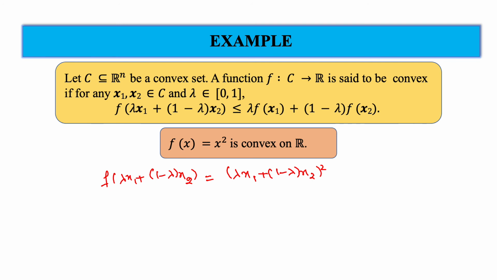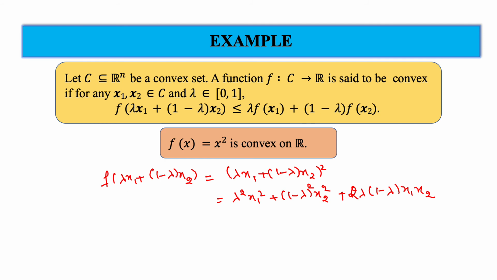You can write it as lambda square x1 square plus 1 minus lambda whole square x2 square, plus 2 into lambda times 1 minus lambda x1 x2.